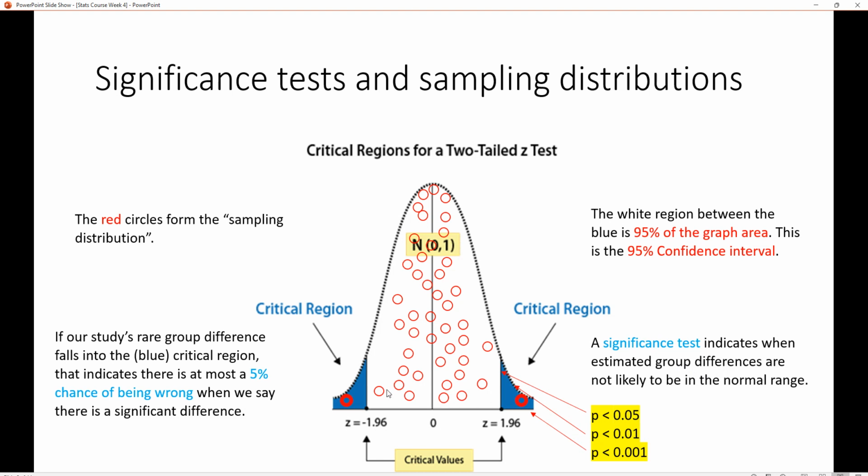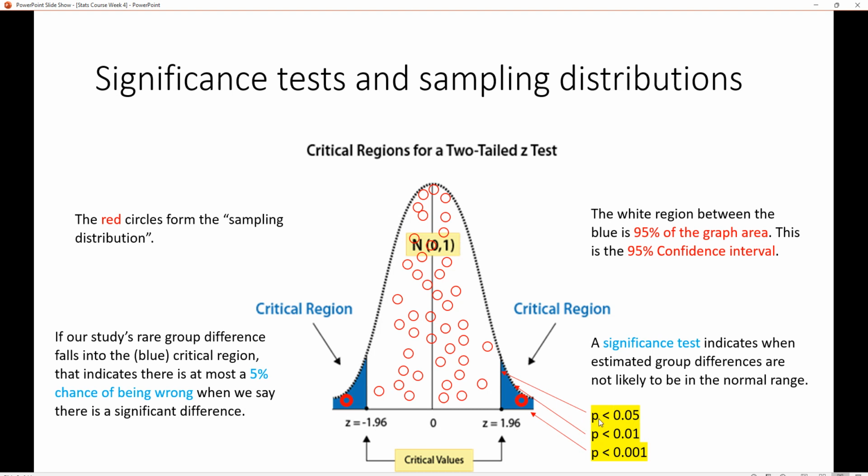So we have our confidence intervals, but we also have significance tests, and those are usually represented in terms of probability. Probability of being in the blue region, either above or below our confidence limits. And so some values that you've probably seen look like this.